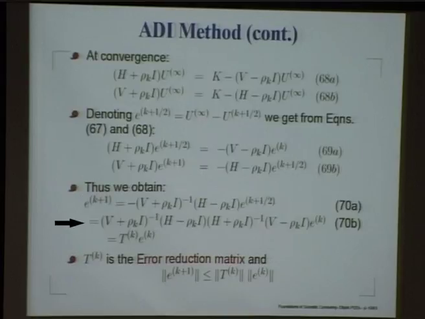So, once I see the errors at successive steps are related by the error reduction matrix, then I can form a kind of a norm for measuring them. So, that is what is written here, that the error at the k plus 1th level is bounded by what was my error at the previous step times the norm of the error reduction matrix.